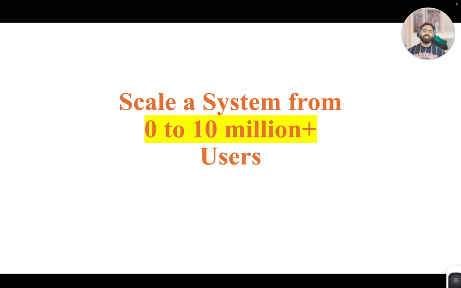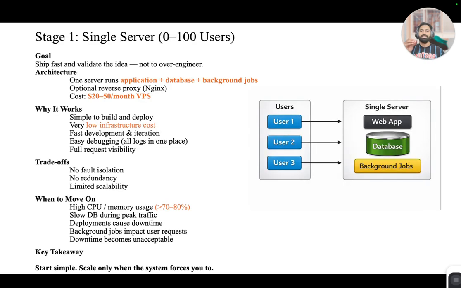The first stage, among the 7 stages, is the single server stage. In this stage we are trying to handle between 0 and 100 users.